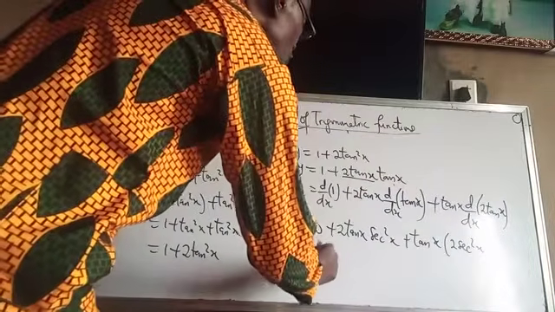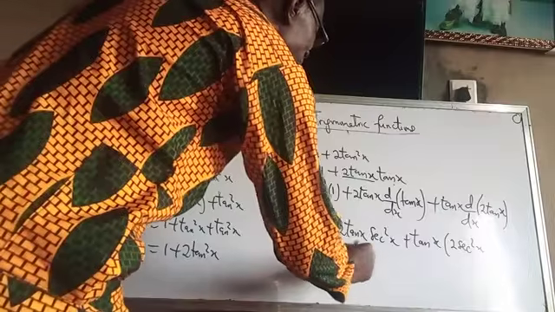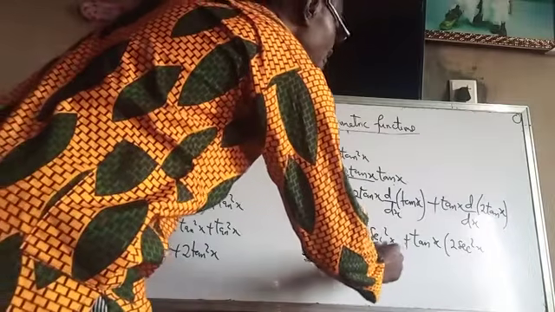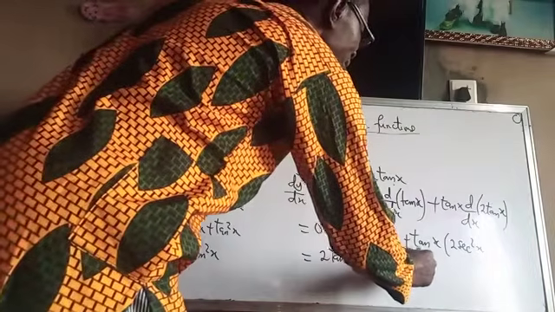So at the end of the day, it will be 2 multiplied by sec square x. So expanding, we have 2 tan x sec square x plus 2 tan x sec square x.